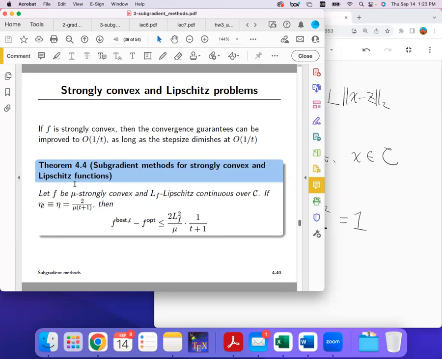So now here we consider a smaller class of problems. They are strongly convex, so the requirement is more stringent, and the class of problems will be smaller: strongly convex and Lipschitz continuous functions.